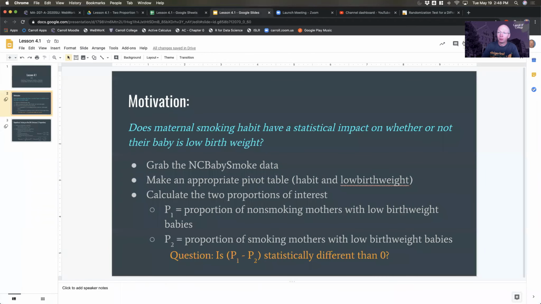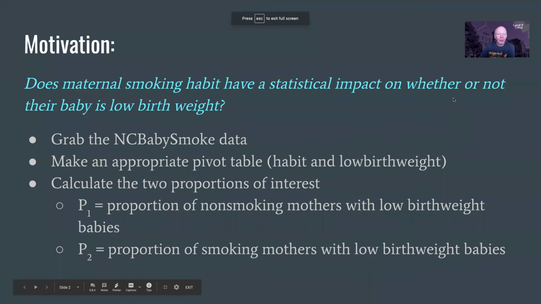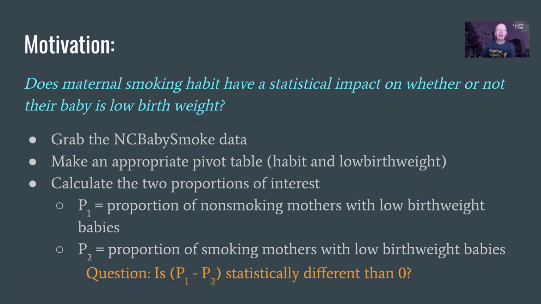In the slides, we had built the proportions we were interested in, and we had decided that for the difference between two proportions, it was going to be most interesting to ask: is the difference statistically different than zero? Because the null hypothesis is that the two groups, smokers and non-smokers in the case we're talking about here, are the same.